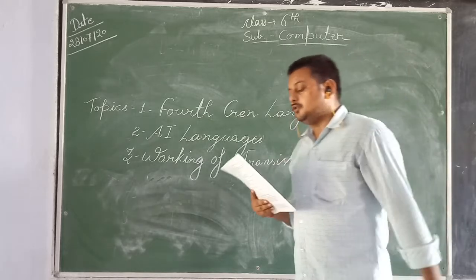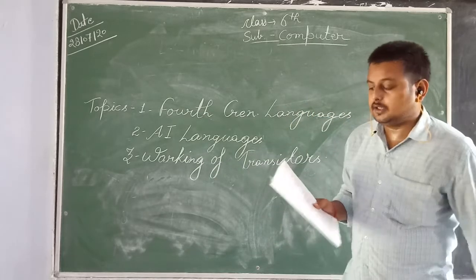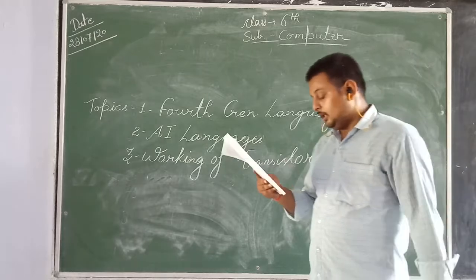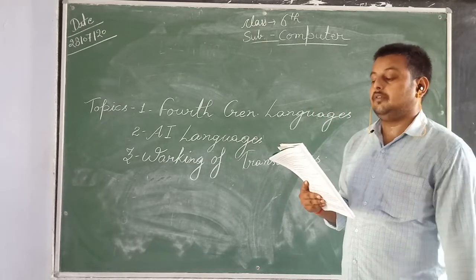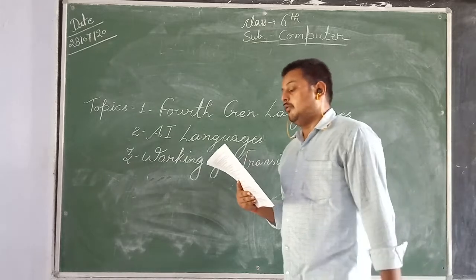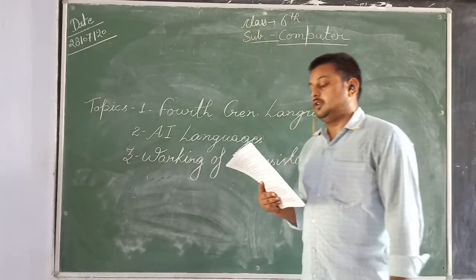Now a translator is used to convert a form. Here is the simple definition of a translator, so listen very carefully. On the 17th page, on the top of the page, the paragraph says: a translator is used to convert one form of language to another, so that a computer understands the instruction it receives.